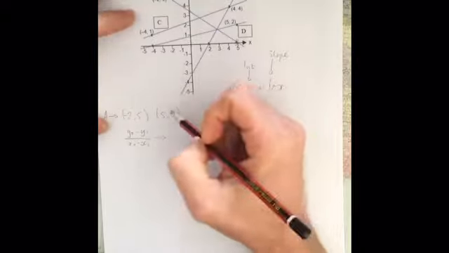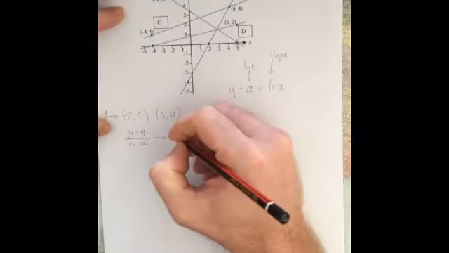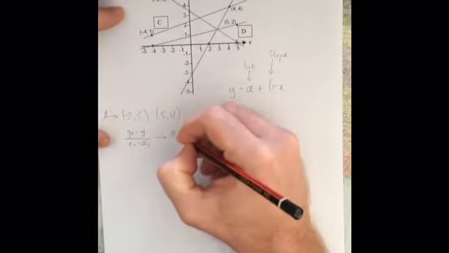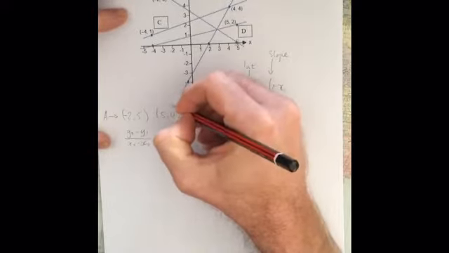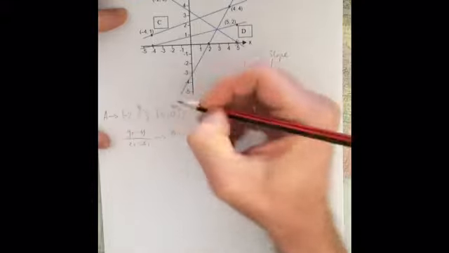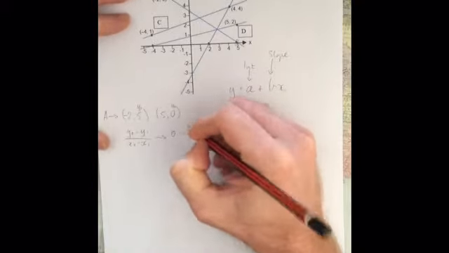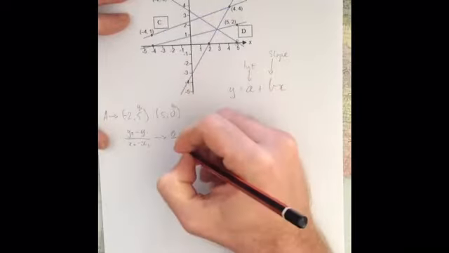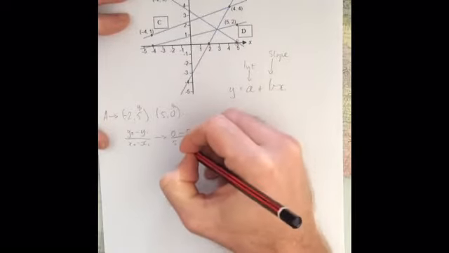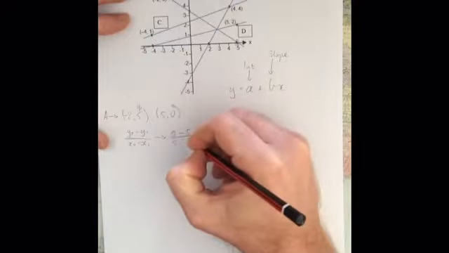This will become, so that's y2, y1, 0 take 5 divided by 5 take -2.